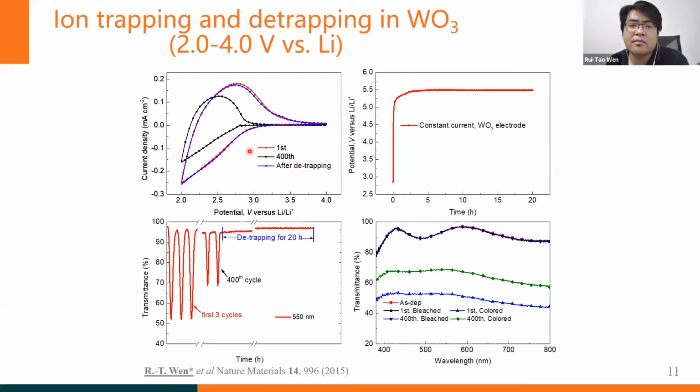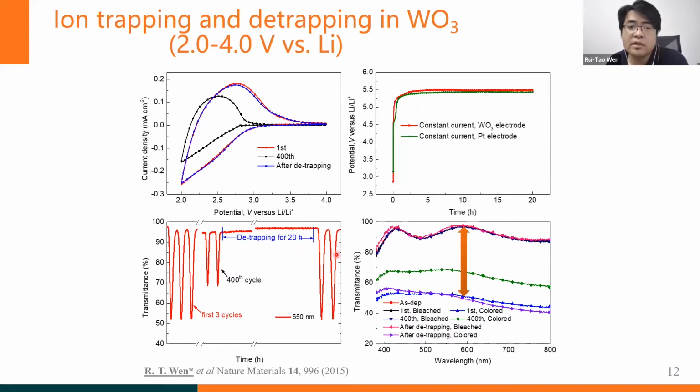You can see the blue curves and the red curves overlap very well, which means the trapped ions were detrapped from the film. Again we compare the optical modulation, and it has returned to its initial performance. It can change the optical transmission from 100% to 50% again. That means our device can be refreshed.